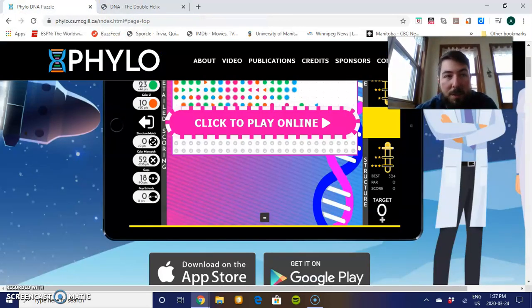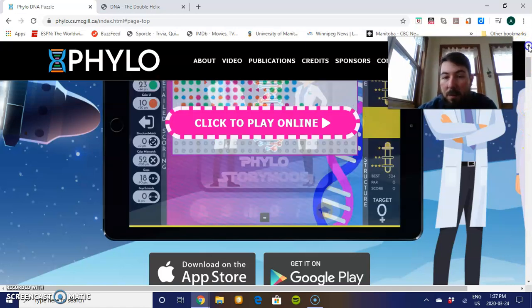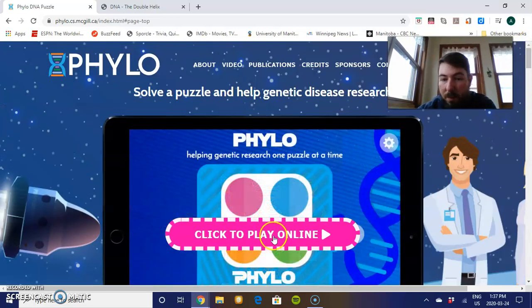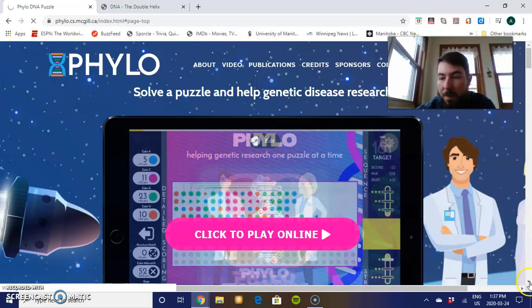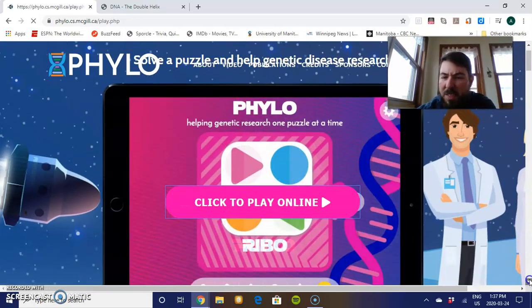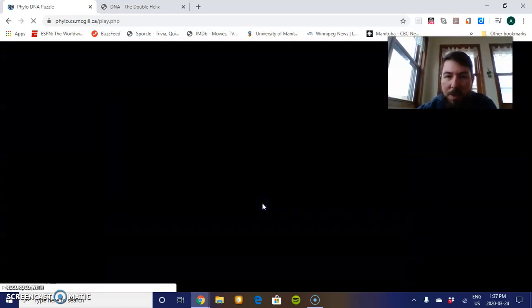There's another one here. This one I couldn't really understand completely, so if you guys can figure it out, please let me know. Okay, so let's play. This one is more like you have to match up the different colors with each other.